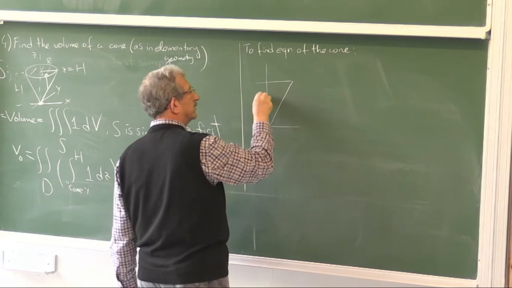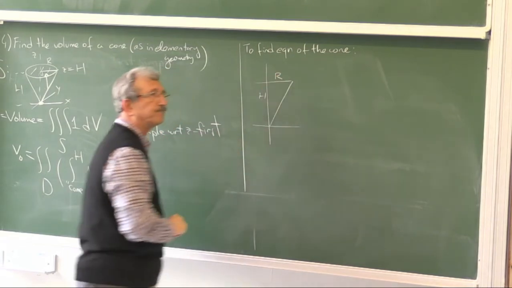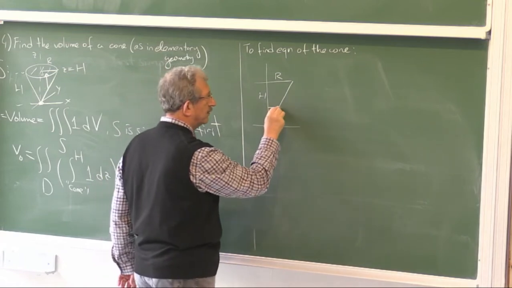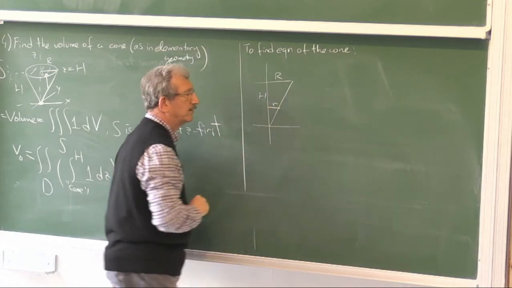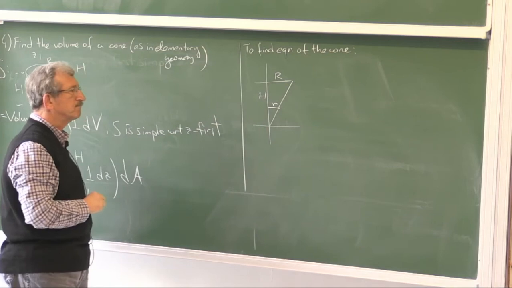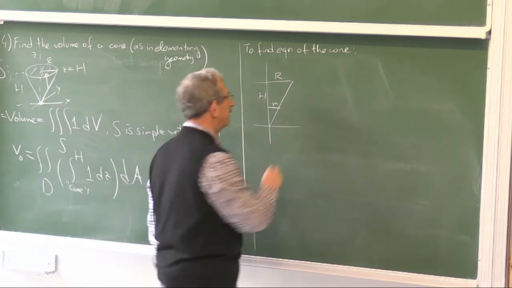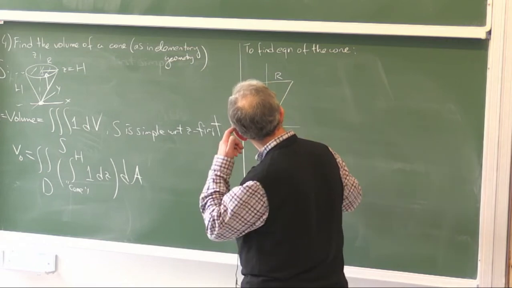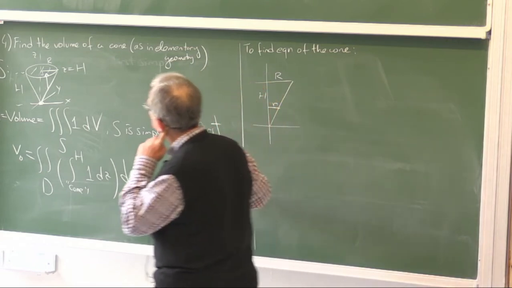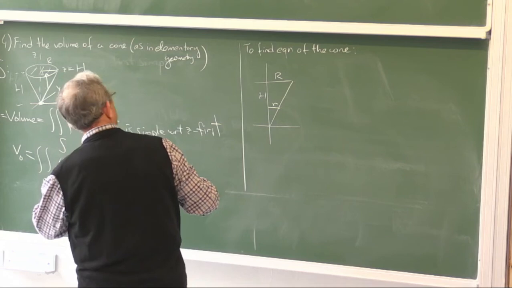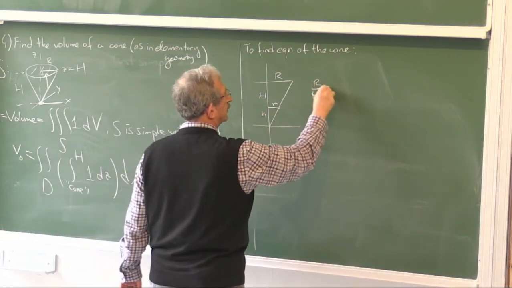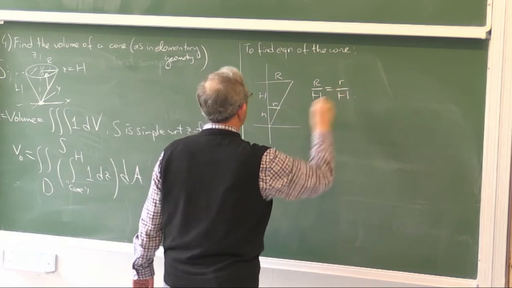This is h and this is r. For any small r, we always have, what do we have here? For any small r, the ratio, of course, is the same. So r over h is r over h.